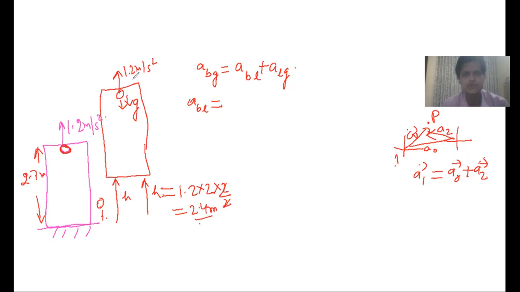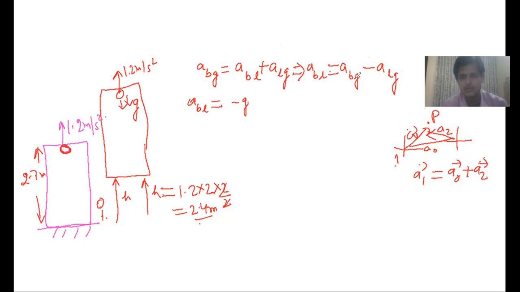Okay. So now the acceleration of bolt with respect to lift will be the acceleration of bolt with respect to ground minus the acceleration of lift with respect to ground.